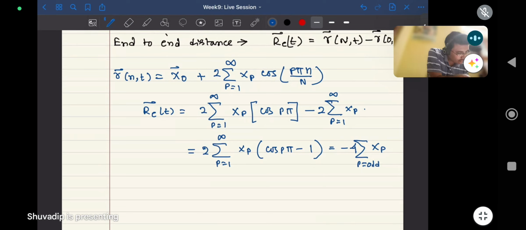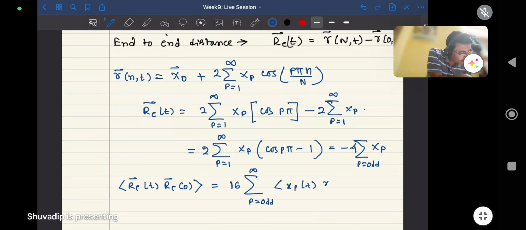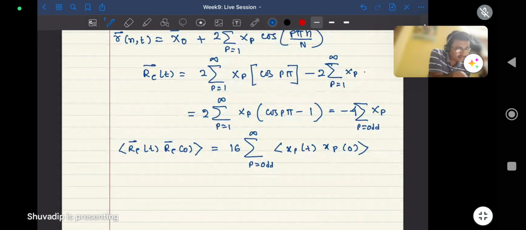Now we want to calculate the time correlation of the end-to-end distance. So <R_E(t) R_E(0)>, this quantity, will be 16 sum over p odd of <x_p(t) x_p(0)>.